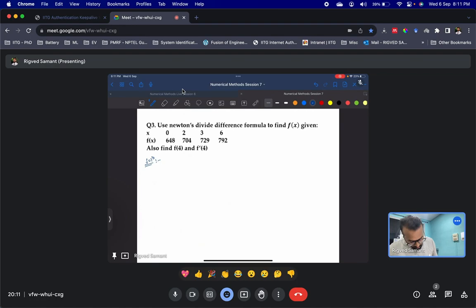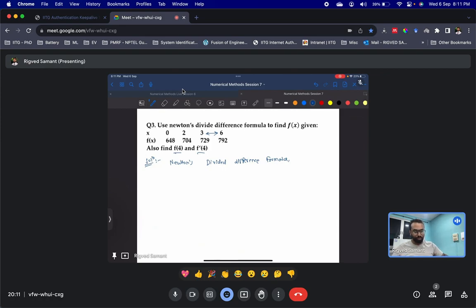Newton's divided difference formula. Here 4 is in between, so 4 is somewhere here. So we want to find this by interpolation using Newton's divided difference formula.